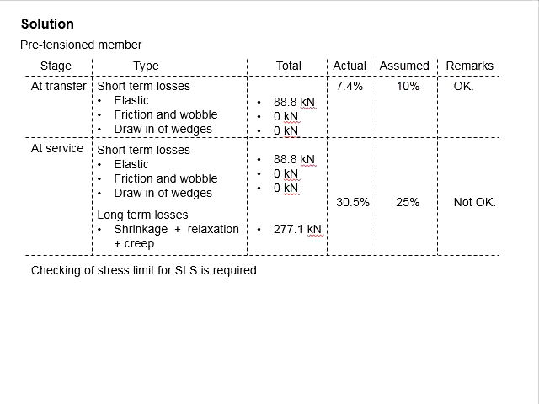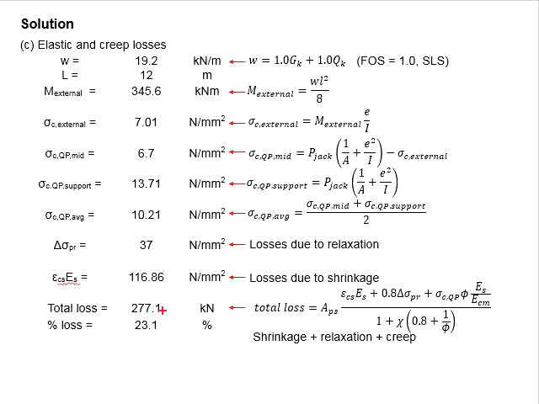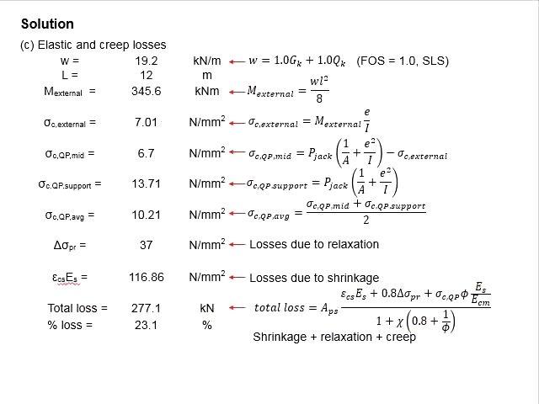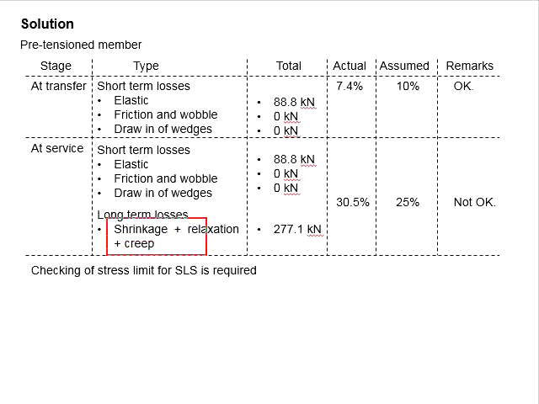Next, we will look into the long-term losses, which is found at the service state in the form of the summation of the short-term and the long-term losses. The losses that we have calculated just now represent the long-term losses as the summation of the shrinkage, relaxation, and also the creep.